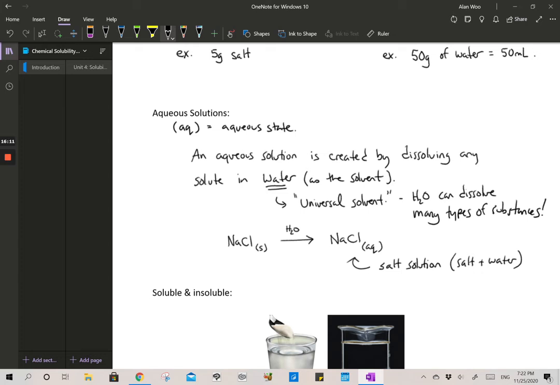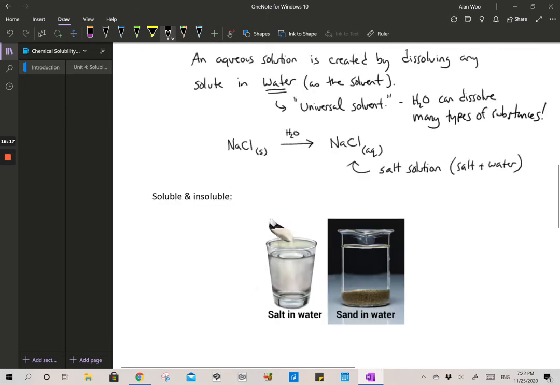So I just have a couple of other terms to go through with you. Okay, we have two other terms that are very similar to each other. Okay, well, similar to the word dissolving. Okay, and it's called soluble and insoluble. So, for example, if you have salt in water, we know that salt will dissolve in water, right?